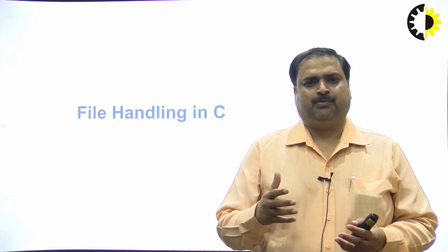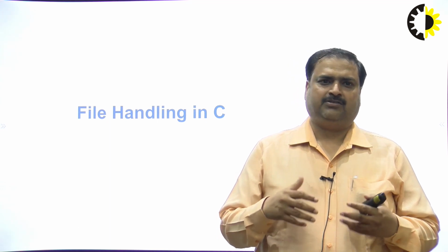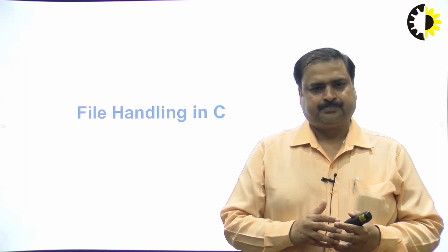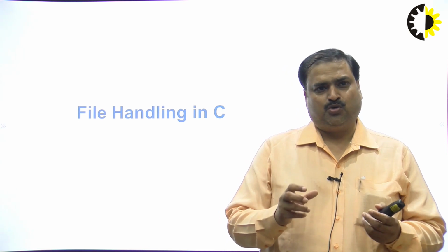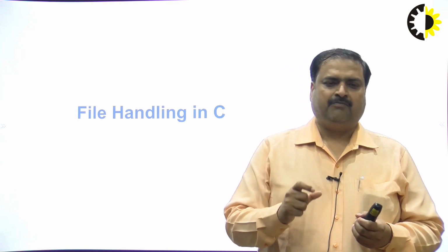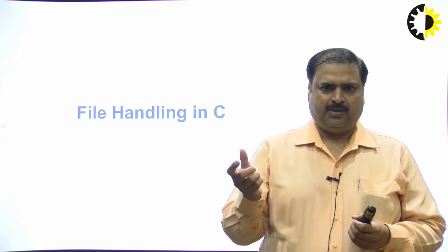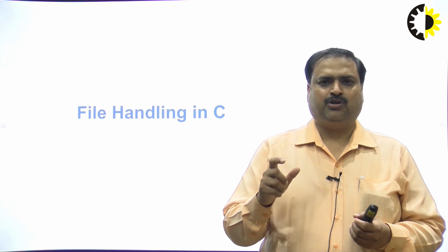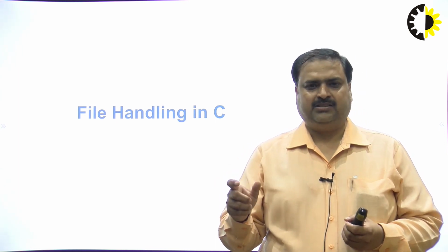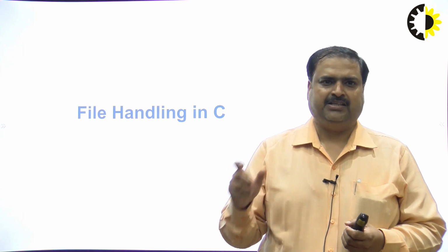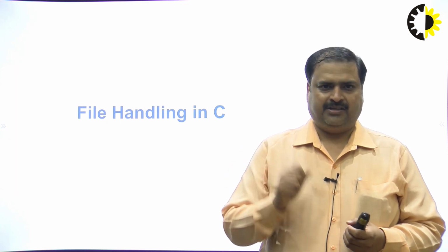And when the program is completed, the data is lost. So if we want to store some data permanently, which can be utilized later, we need to store it in permanent storage, generally referred to as secondary storage, like the hard disk.